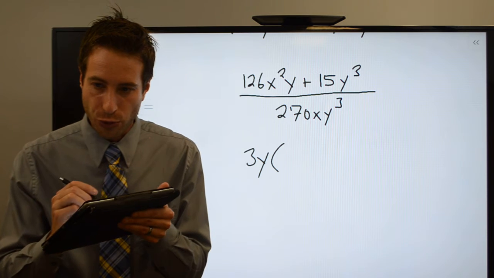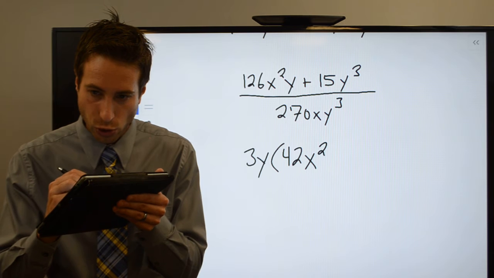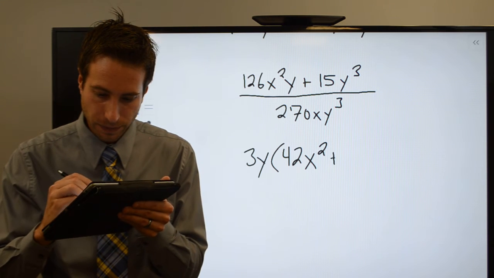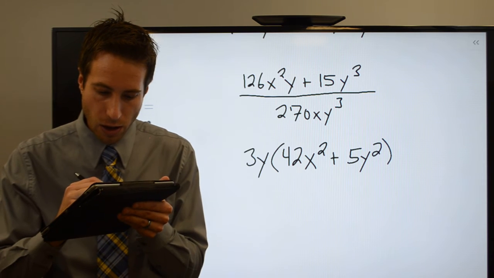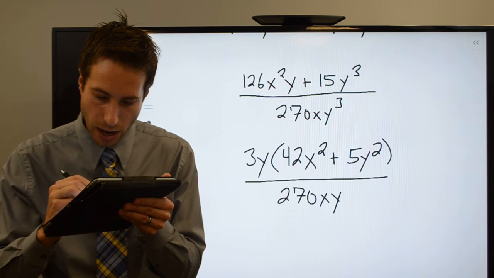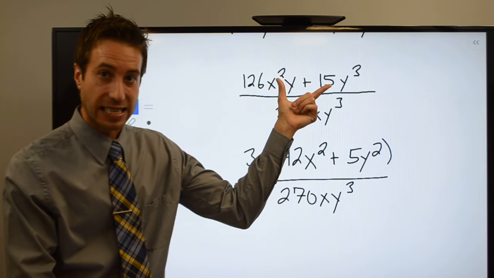That leaves me with 42x squared plus 5y squared, all over 270xy cubed. All right, so I recognize these have a GCF.